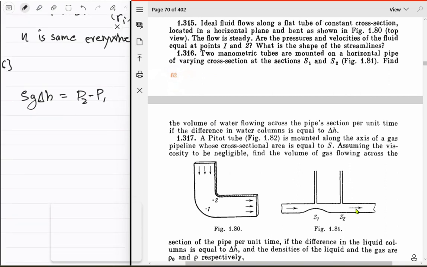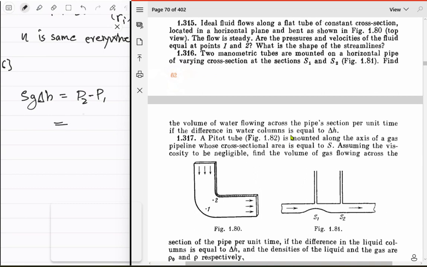What do you want, by the way? Find the volume of water flowing through the pipe's section per unit time. The difference in water columns is equal to delta H. They didn't give us anything else. That's weird.